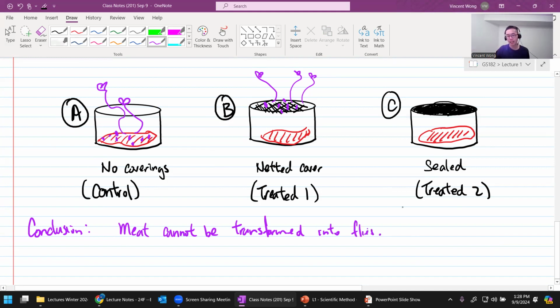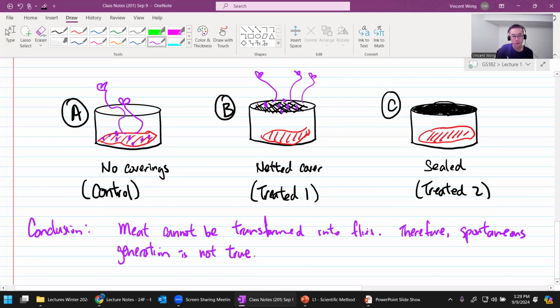So spontaneous generation is not true. Because if it was, then you would see maggots and flies on the meat in the sealed jar. But you don't. So that's that.